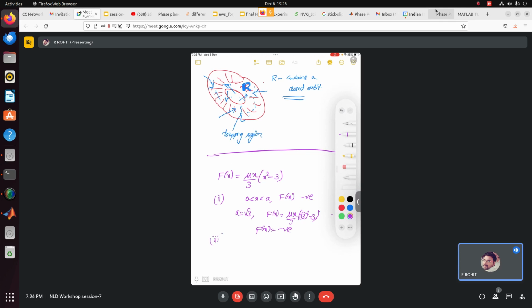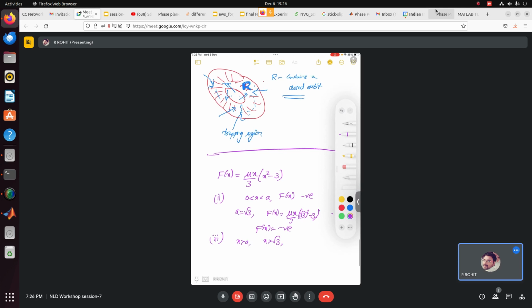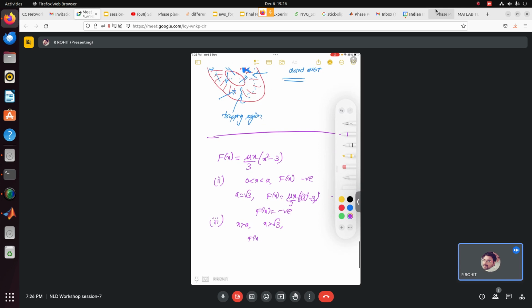And if you check the third condition, for x greater than a, so that is x greater than root 3, your F of x value is mu times x by 3 into (x square minus 3). Root 3 is nothing but 1.7, so take 1.7 or more than that. If you take 2 square, it's nothing but 4 minus 3.